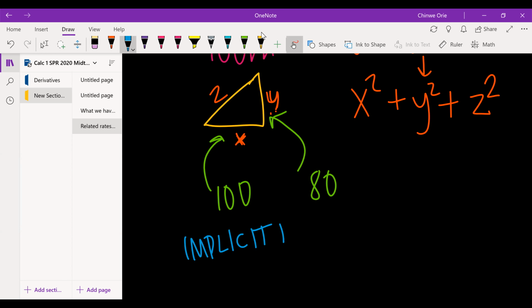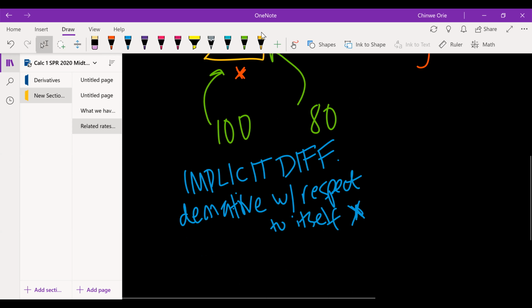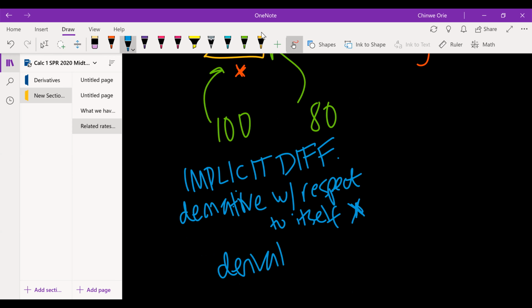You're going to take the derivative with respect to itself, and then you're going to multiply that by the derivative with respect to time.